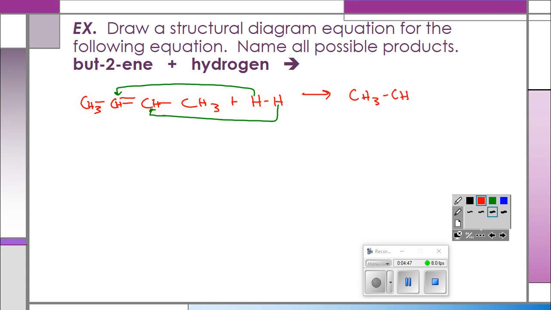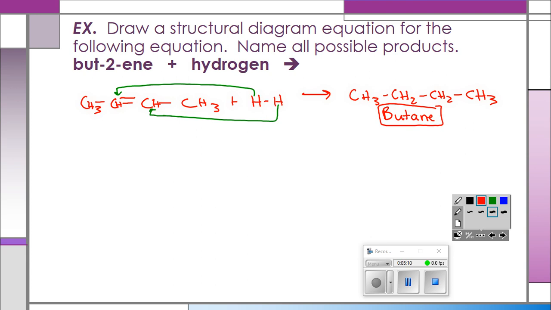I get this. So if I had to give that a name, what would I be calling it? Butane. So, name all possible products. The only possible product of this reaction is butane.